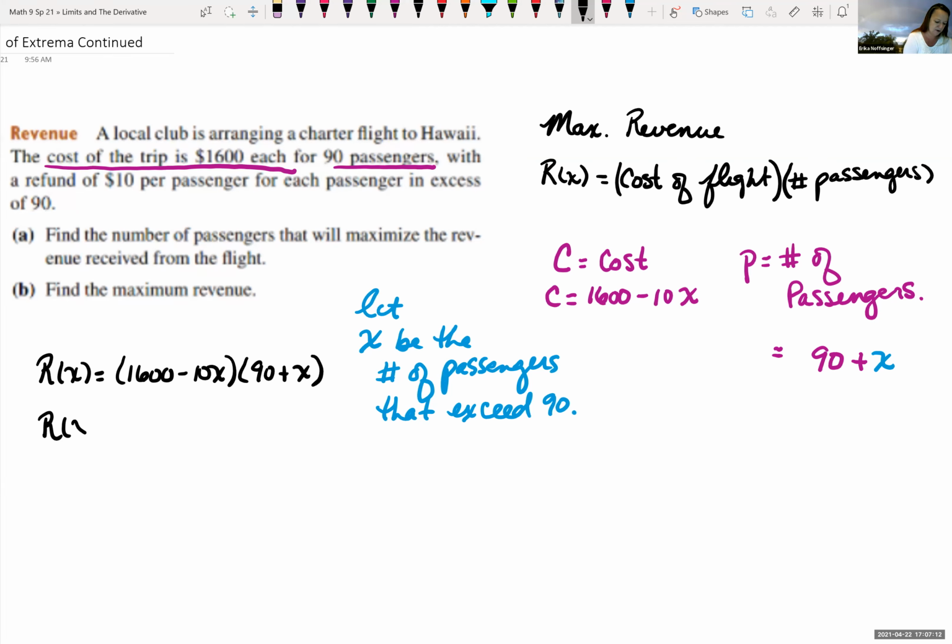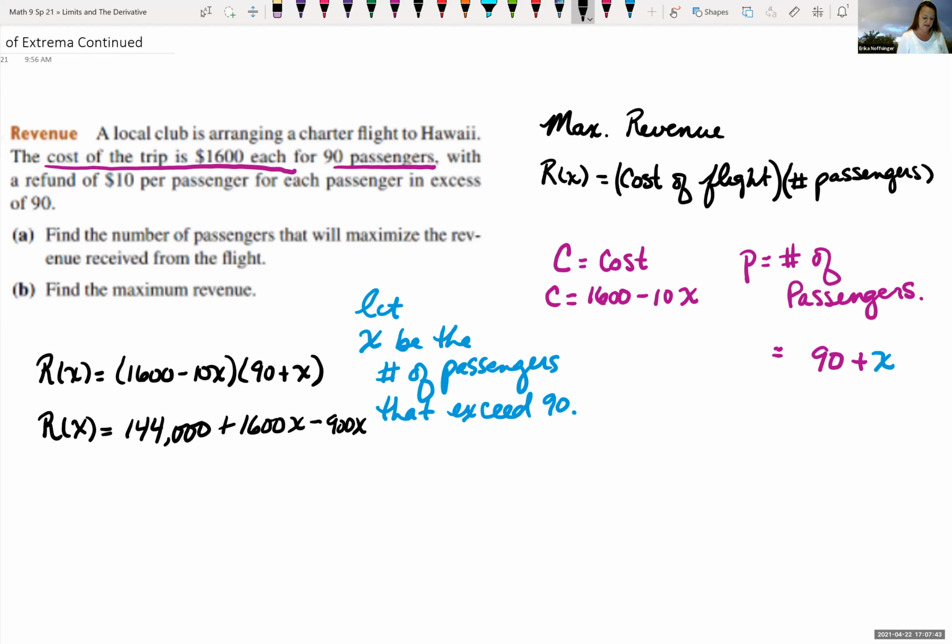I don't want to use the product rule, but I could also distribute, and we can bypass the product rule when we take the derivative. So I have 1,600 times 90, which gives me 144,000, plus 1,600X, minus 10X times 90, which is 900X.